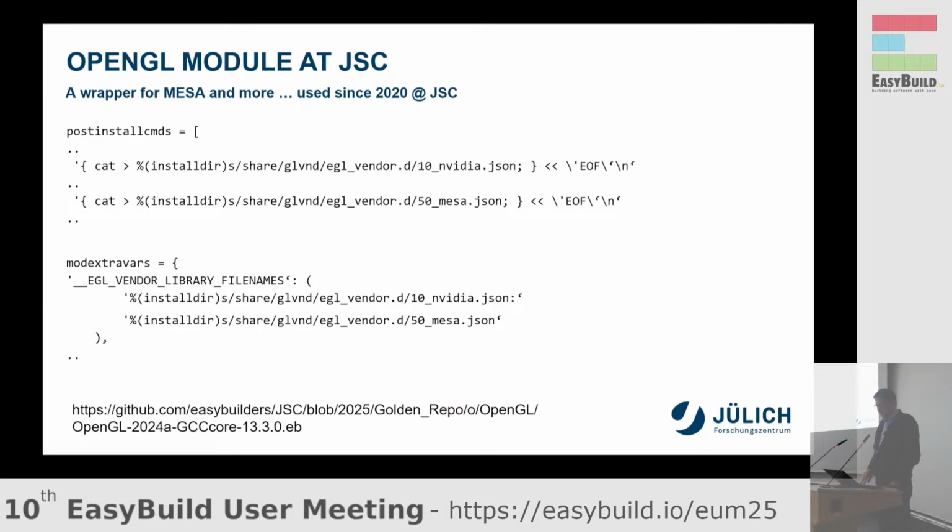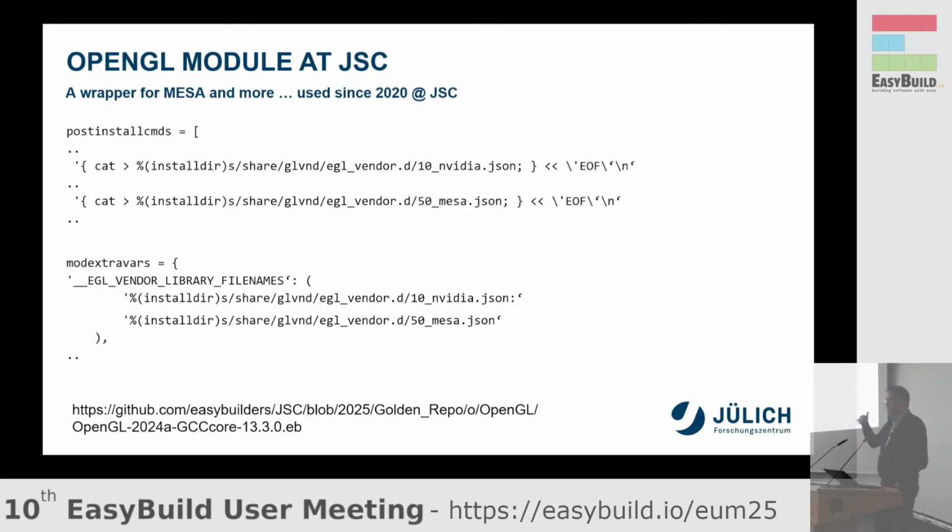When it comes to this, as I've already said, the GLX dispatch depends on the setting of your X server, and EGL on these JSON files, kind of the same as Vulkan does it. So you have to configure that, and that's also part of our EasyBuild module: we have one JSON file for NVIDIA and one for Mesa, and then we define the environment variable for the EGL vendor library file names.